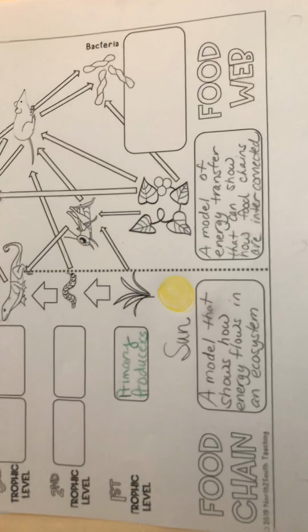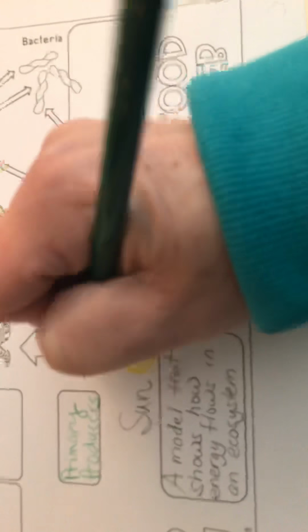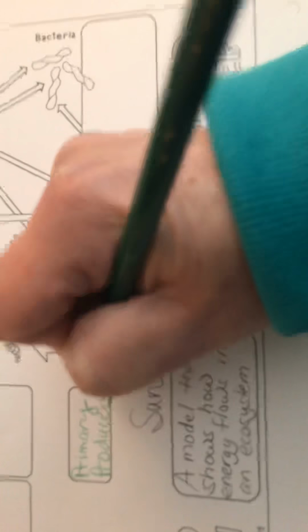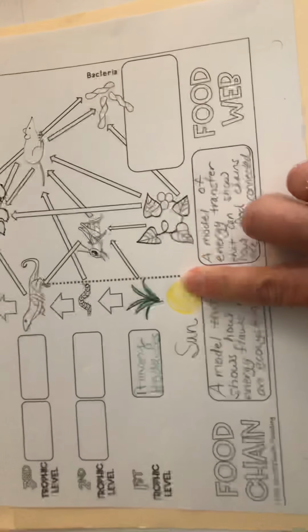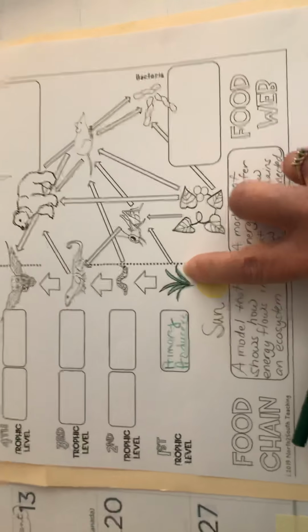So in this first box here, we're going to write primary producers. Okay, primary producers. And those are always going to be plants of any kind. Plants are the only things that can make their own food using energy from the sun. So those are the things that fall in producer category. Any kind of plants that make their own food would fall in that category.